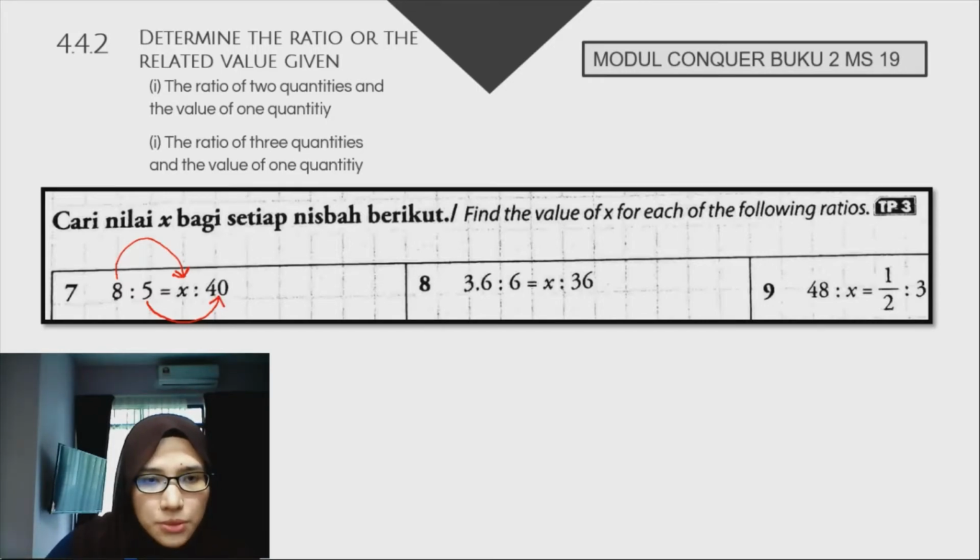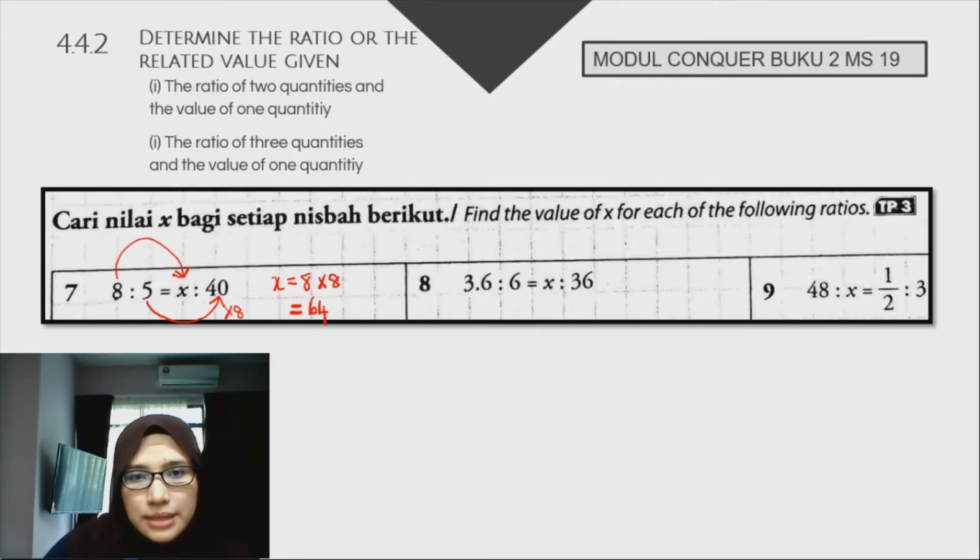From 5 to 40, we can see it involves a multiplication. 5 times 8 is 40. So, how can we find x? Use the same calculation. x is 8 times 8, which is equal to 64. That is unitary method. You are comparing or you are using arrows.